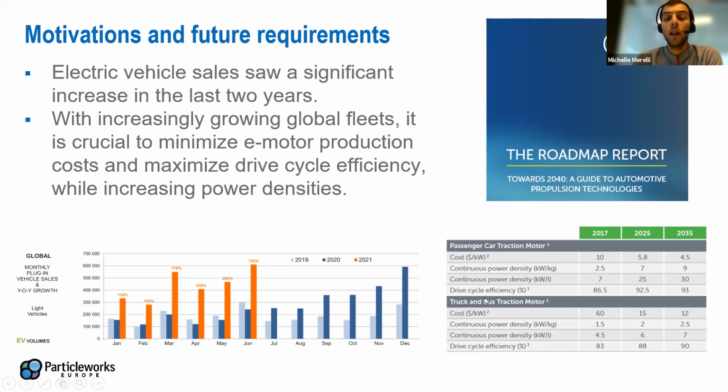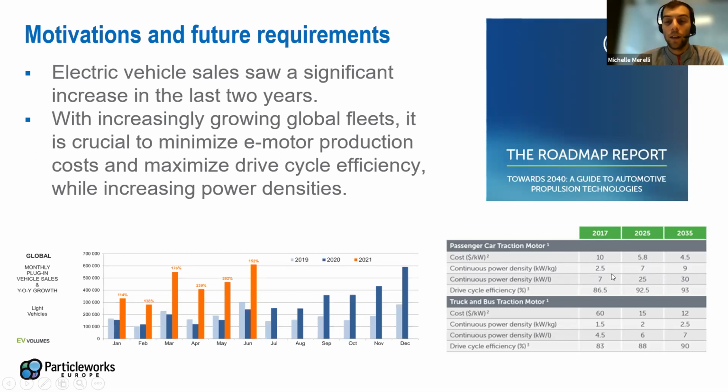At the same time, as we can see, we have the roadmap report from Advanced Propulsion Centre UK that highlights the requirements in terms of costs and power densities for e-motors in the coming decade.